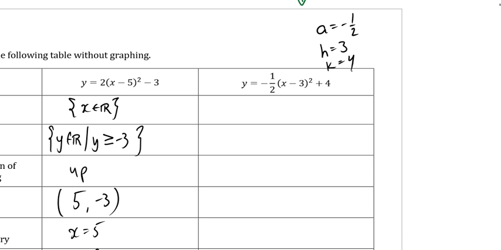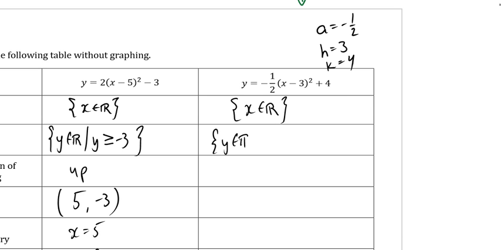So what's the domain? Sebastian, do you know what the domain is? What would be your guess? That's right. In other words, X can be anything. Parabolas are kind of always like that. Have you noticed that? Okay.